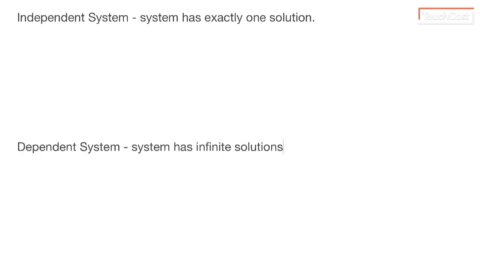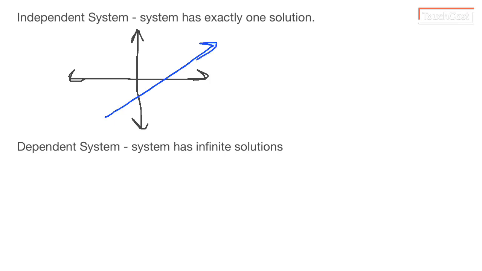The graph of an independent system, if we have our xy coordinate plane, two lines would make up an independent system if they cross at only one spot. This would be an independent and consistent system.